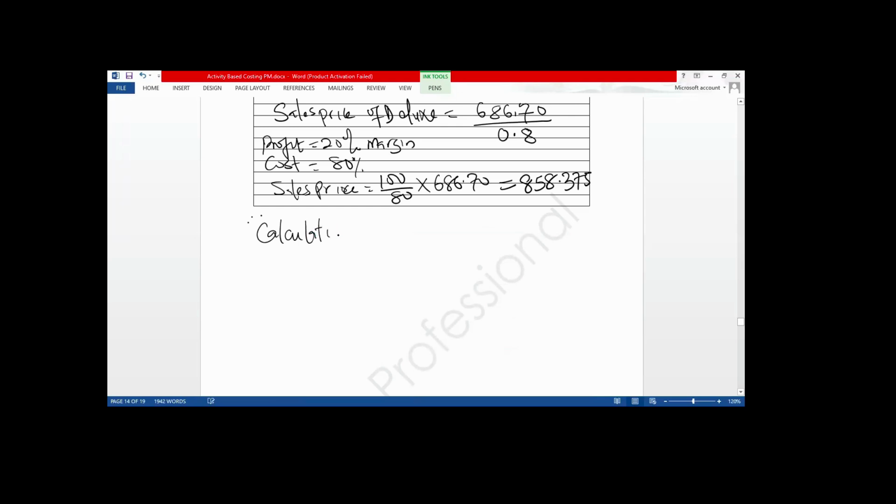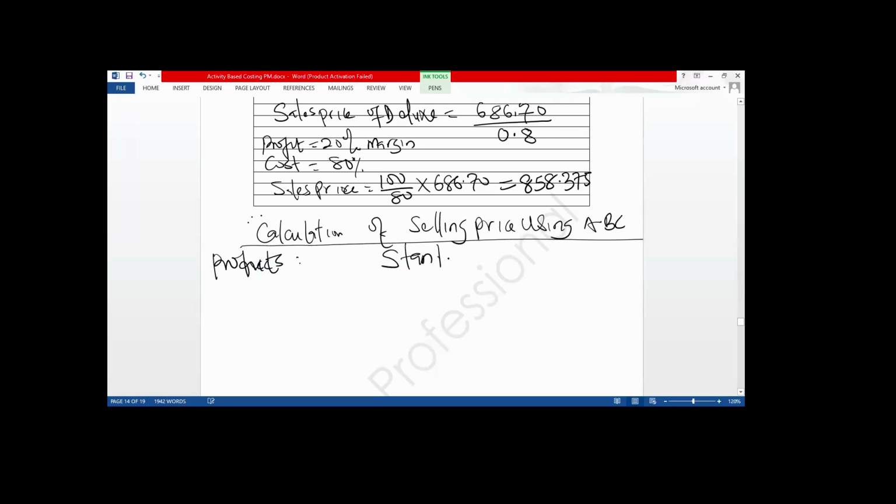Calculation of selling price using ABC. I have the products, standard and doulos.